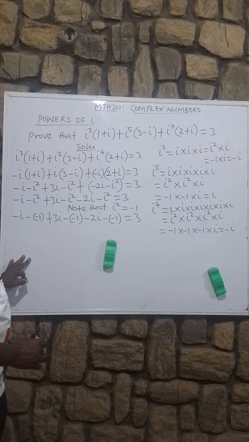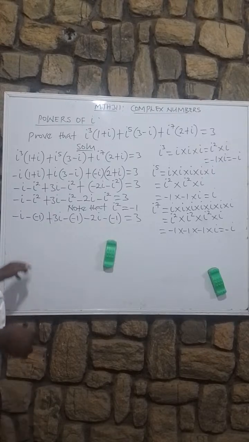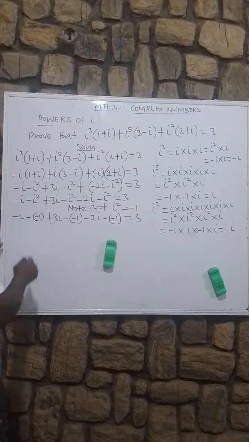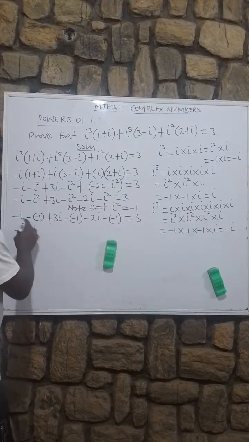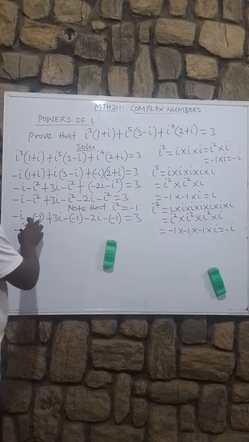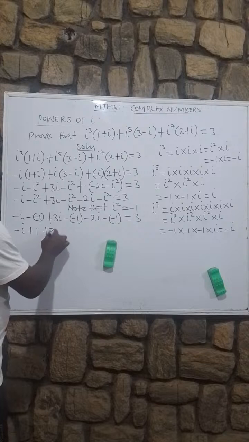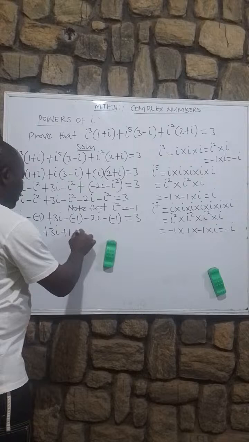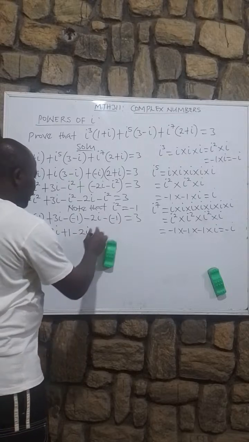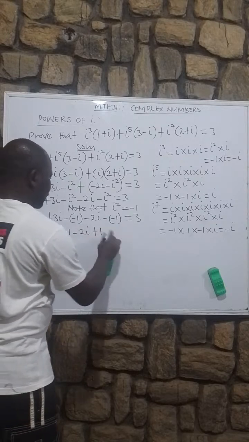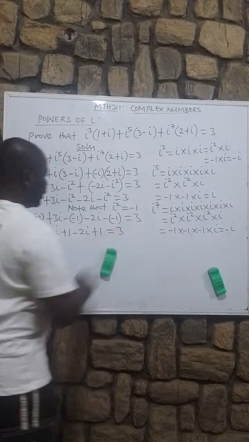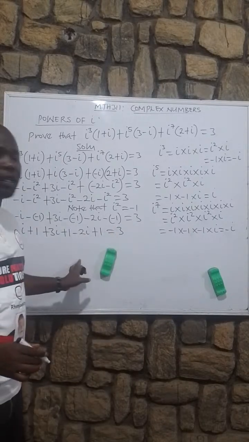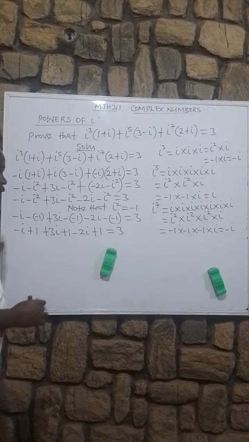If you can see what I am saying, let us do it this way first. Minus I, minus times minus is plus, right? So plus 1, plus 3I, minus times minus, plus 1, minus 2I, minus times minus, plus 1. Then this equals 3. Amen? Are you following? Jonathan, hope you are following.